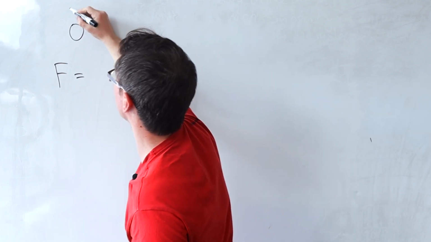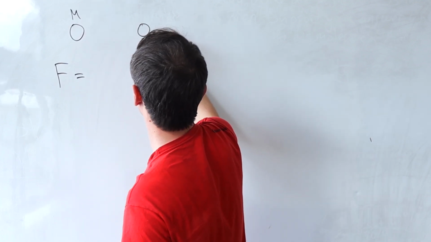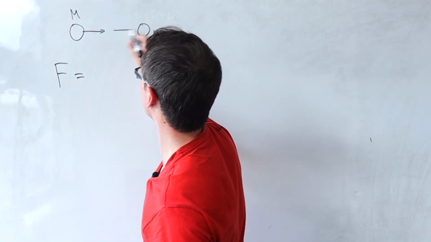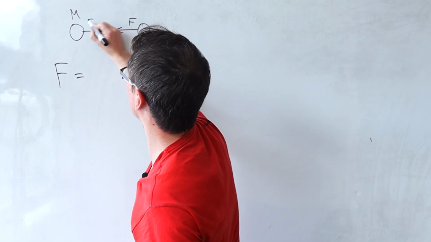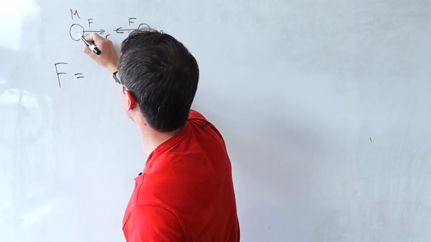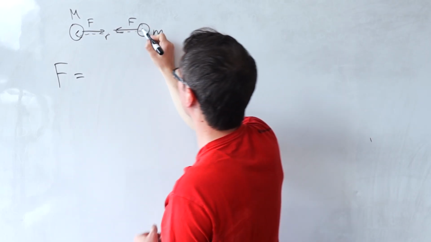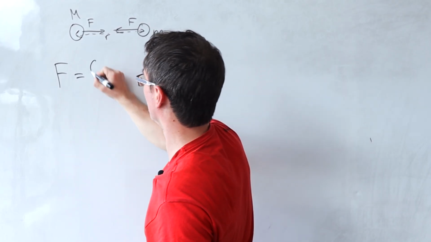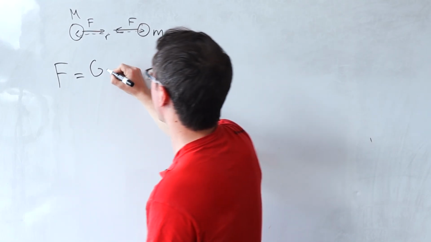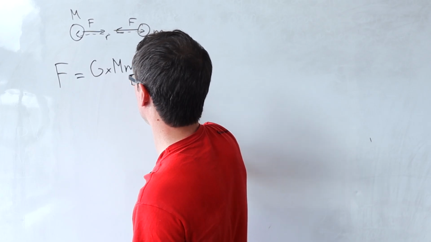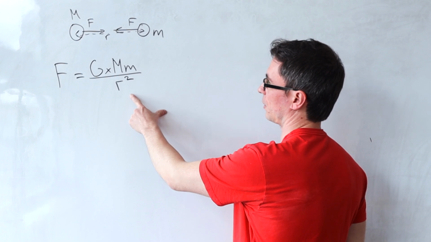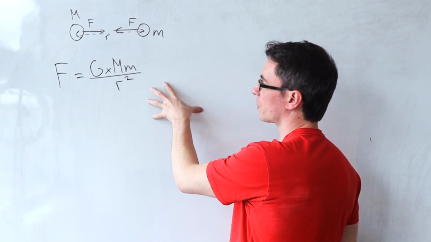So if I have two masses, let's call one of them M, another one, let's say of mass lowercase m, they're going to experience a gravitational force of attraction which will be equal and opposite.